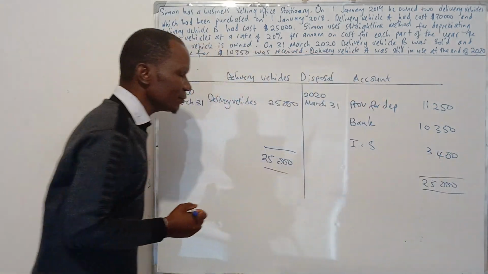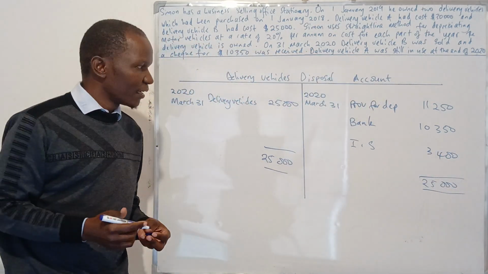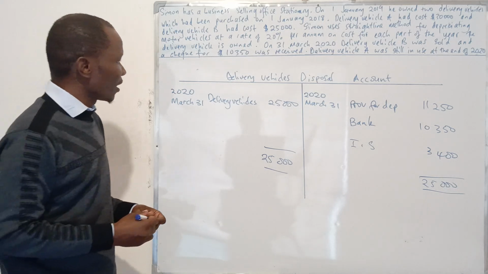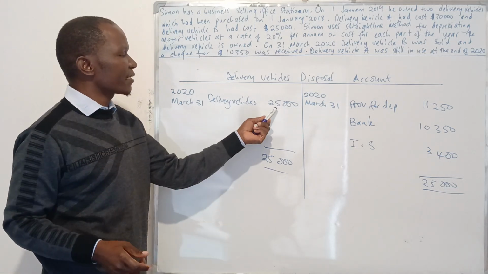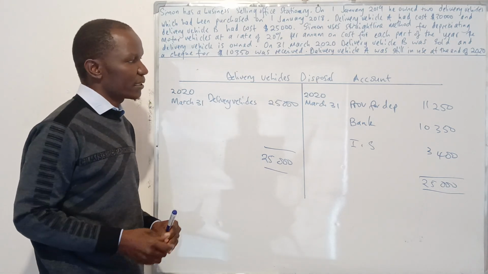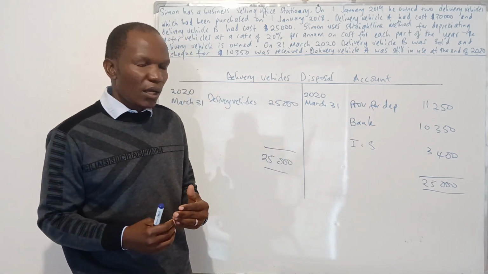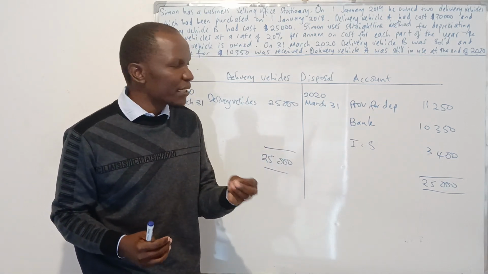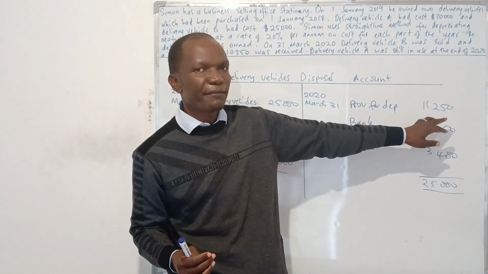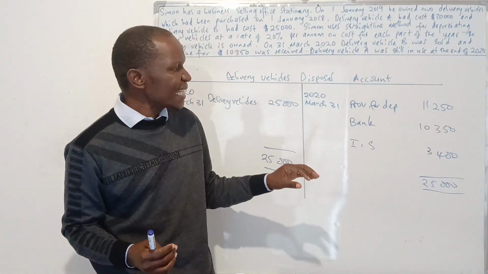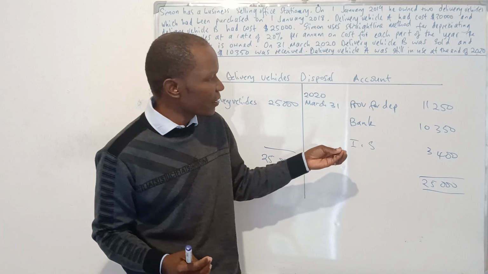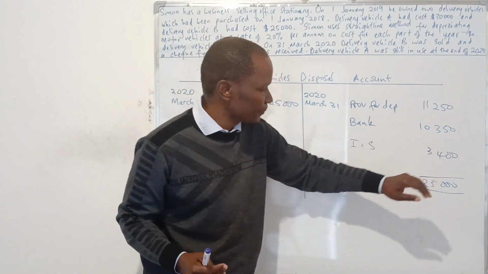You have done your disposals. What does that mean? It means that this motor vehicle was bought at 25,000. And we assume that during its lifetime, it has lost value through depreciation amounting to 11,250 in total. As we have sold it, we got proceeds worth 10,350.